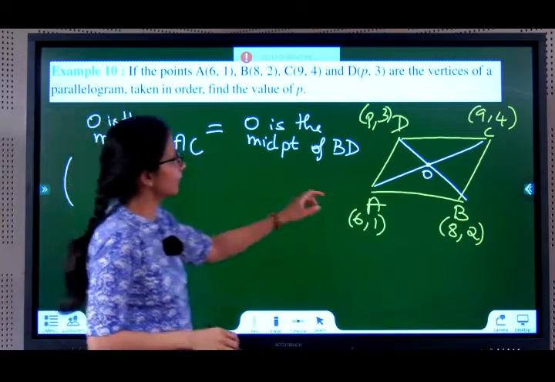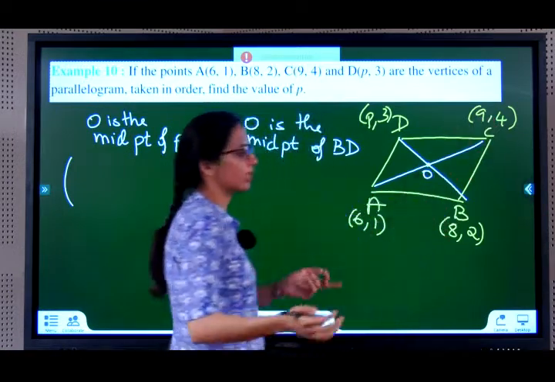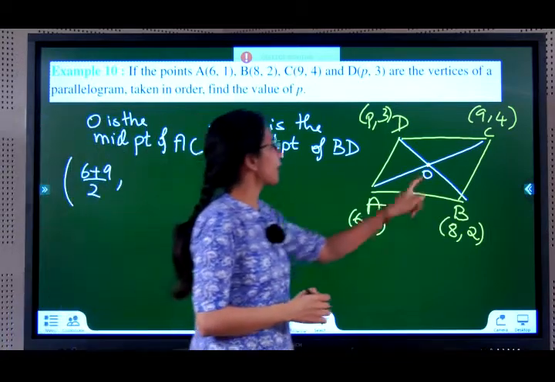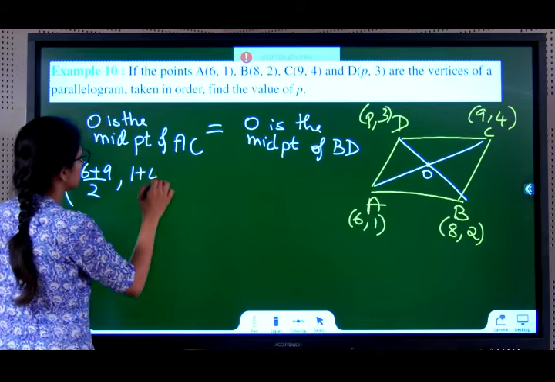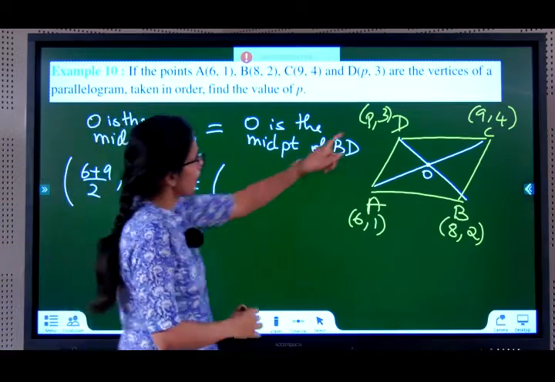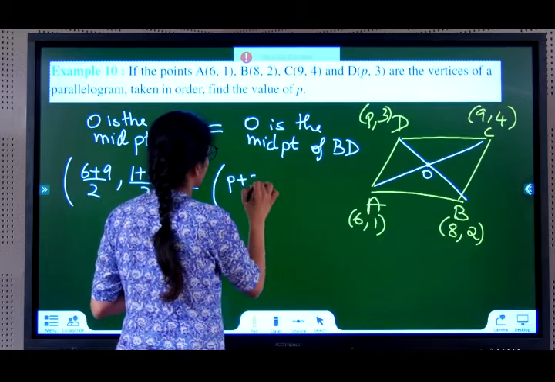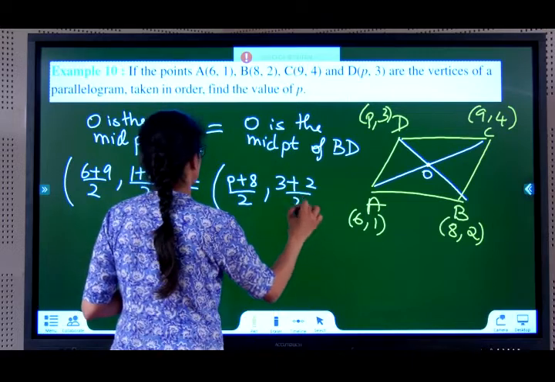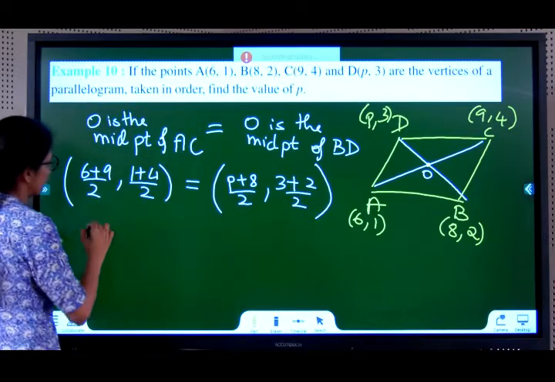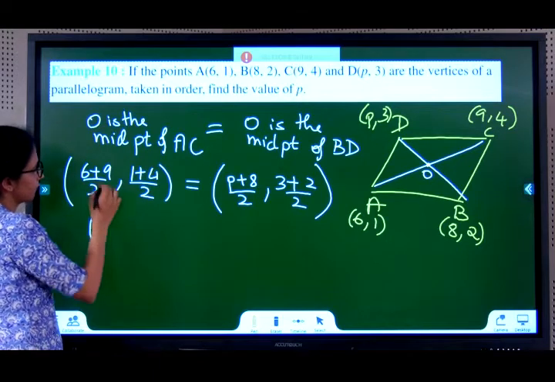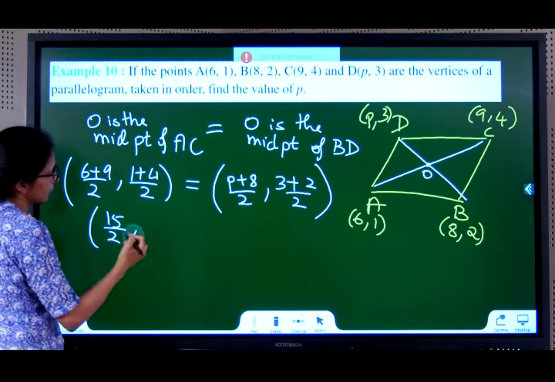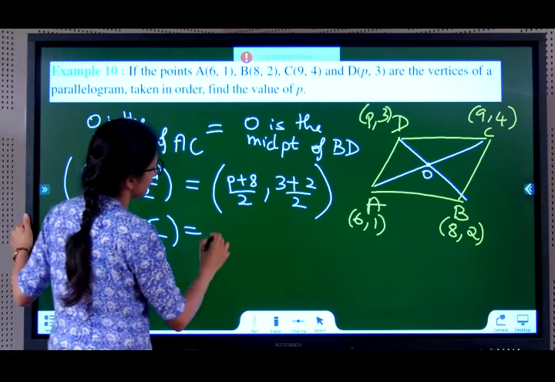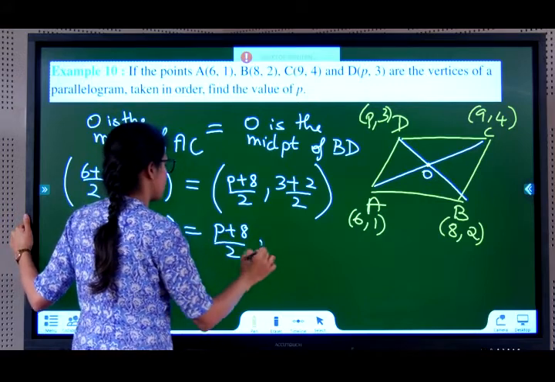So let's see. O is the midpoint of AC. So (6 plus 9)/2, comma (1 plus 4)/2 is equal to (P plus 8)/2, comma (3 plus 2)/2. 6 plus 9 is 15/2, comma 5/2 is equal to (P plus 8)/2, comma 5/2.